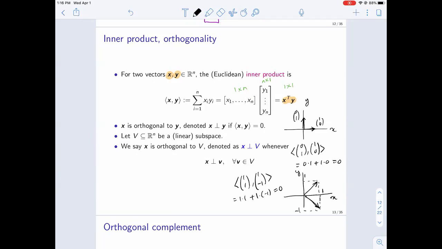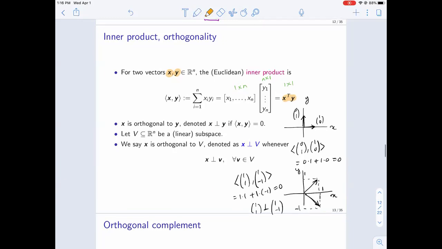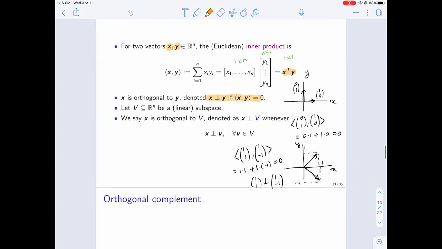So it matches your intuition. And so we write, for example, that 1, 1 is perp to 1, -1, and so on. So that's the notation that I'm going to use for orthogonality. And so now, questions?